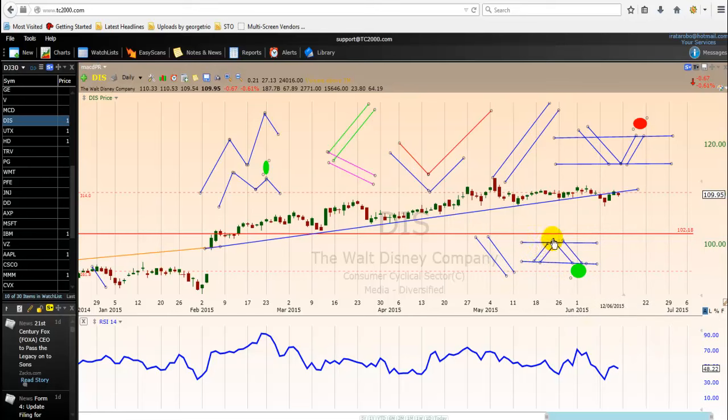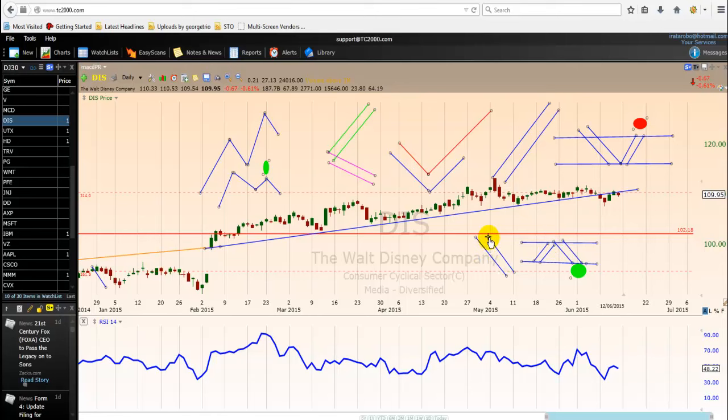The RSI will go up, but the price will go down, and you will lose. You don't want to trade the RSI. You want to trade the price: the currency pair, the stock, the index, or the commodity. The RSI is an indicator giving you a warning, but you are trading the price.